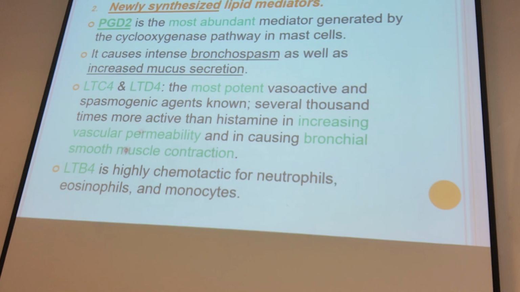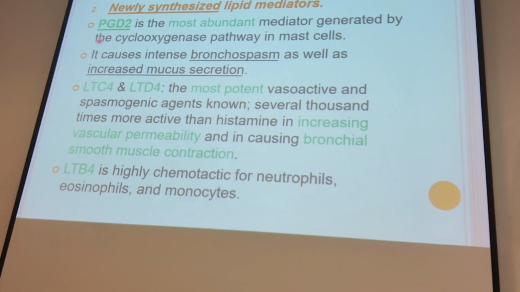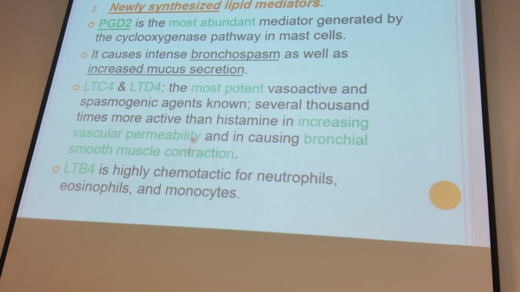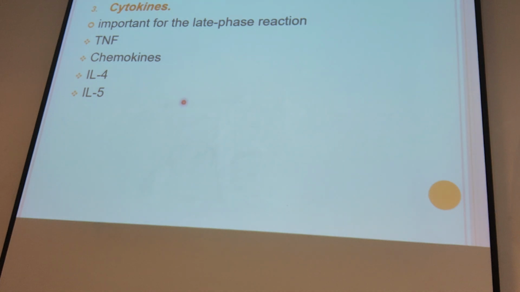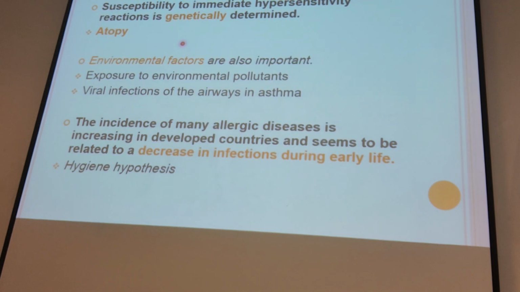These are metabolites of the arachidonic acid cascade. For example, prostaglandin D2, which is the most abundant, leukotriene C4 and D4, which is the most potent, and leukotriene E4. And also production of cytokines, for example, TNF, chemokines, interleukin 4 and interleukin 5.